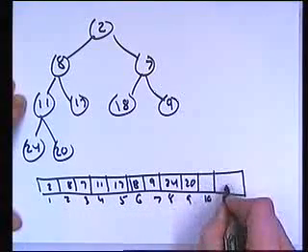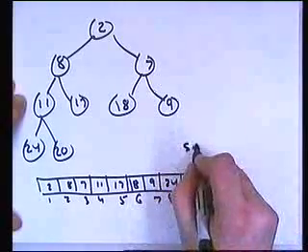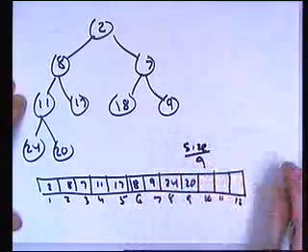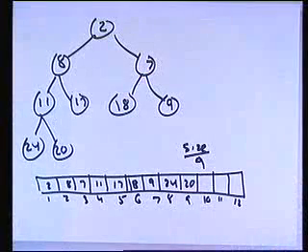Same exact slide as before, except I guess now I'll have it in cell 12, and that doesn't matter. And let's say that what we do is we insert the value 4.